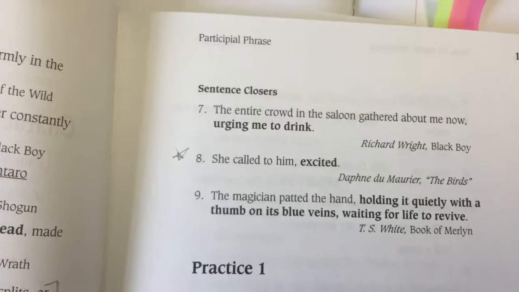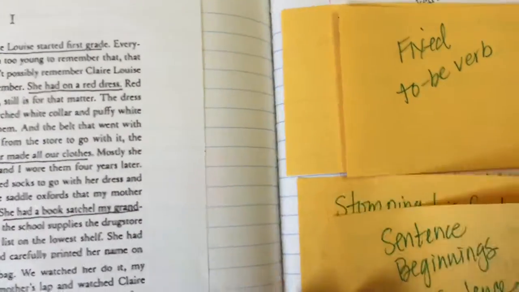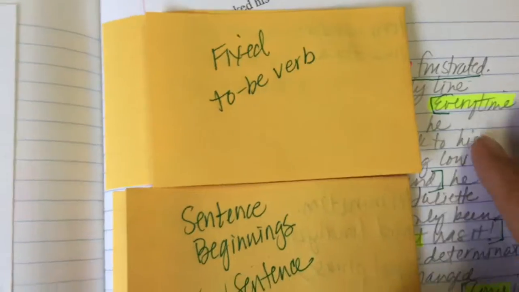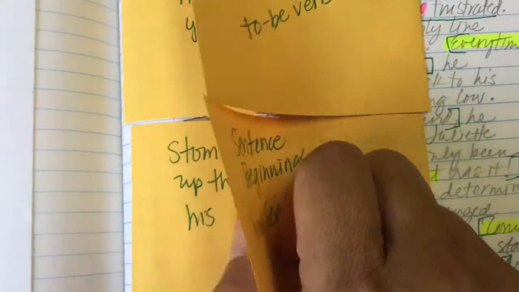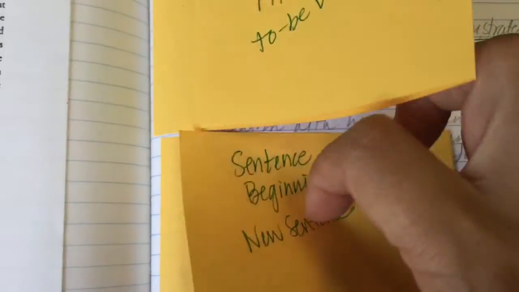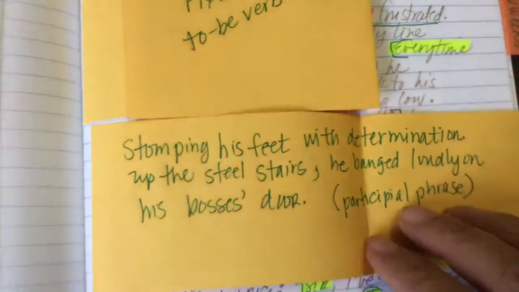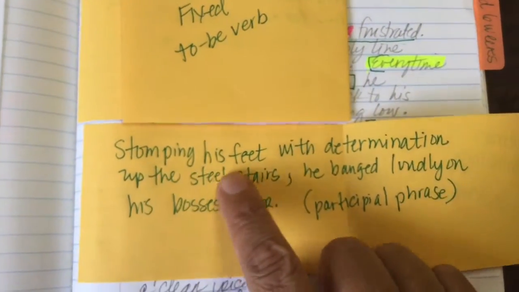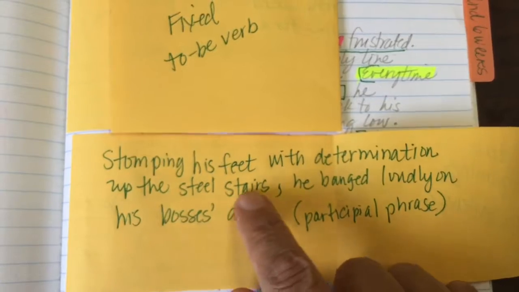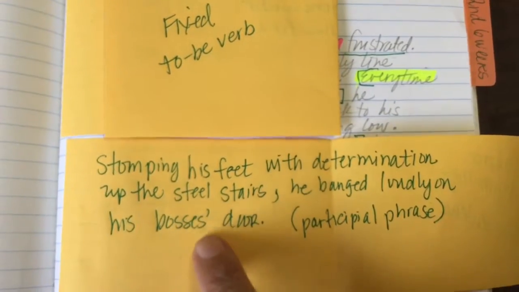If you remember, in my notes from our show don't tell, I did a since beginning. In my since beginnings, I made a participial phrase. Stomping his feet with determination up the steel stairs, he banged loudly on his boss's door.